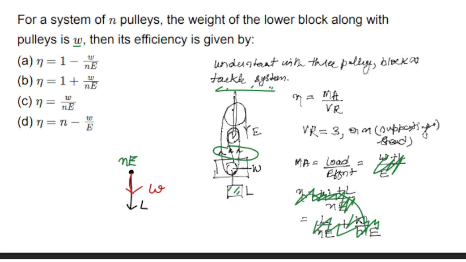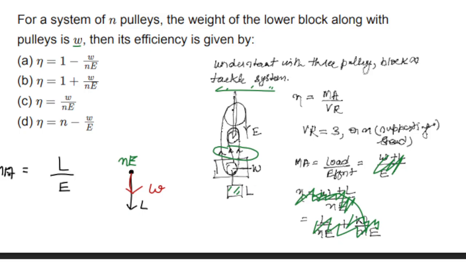So MA will be how much load we are able to pick up. We are giving an effort of E, but how much load are we able to pick? We are only able to pick the load of L. This is coming by design. It has a weight. Otherwise, our objective is to pick up this load, not to pick this weight, right? So our L will be equal to E.